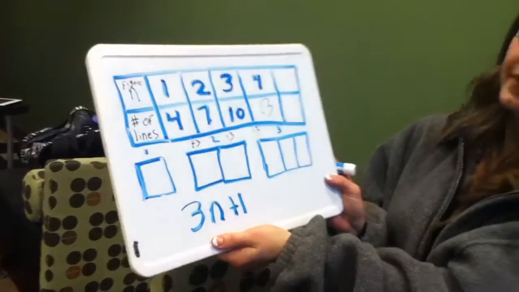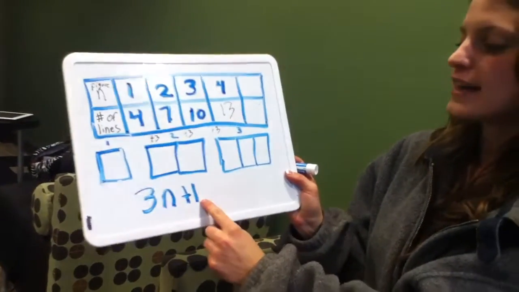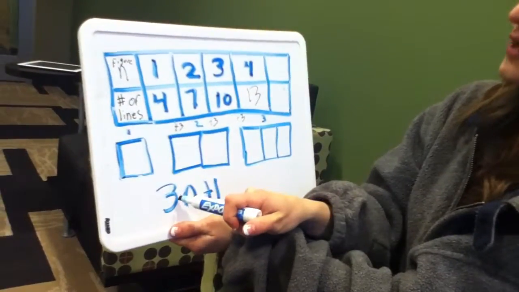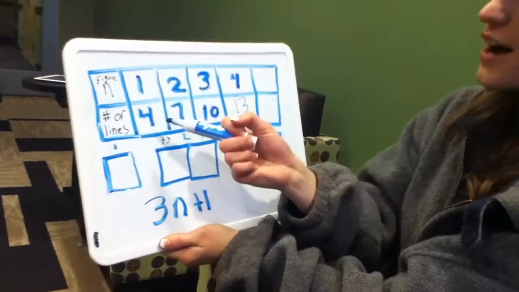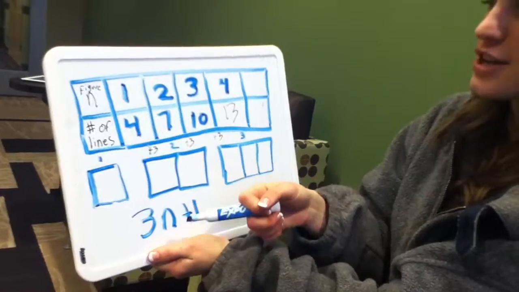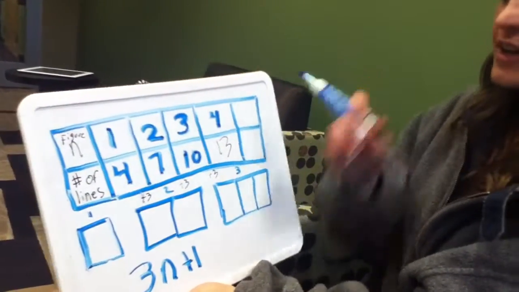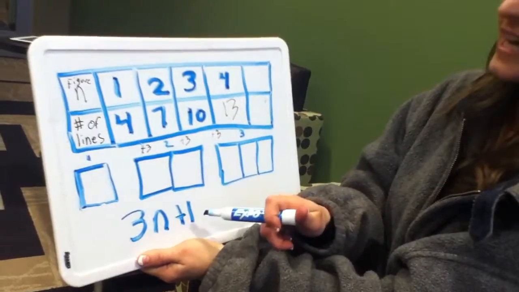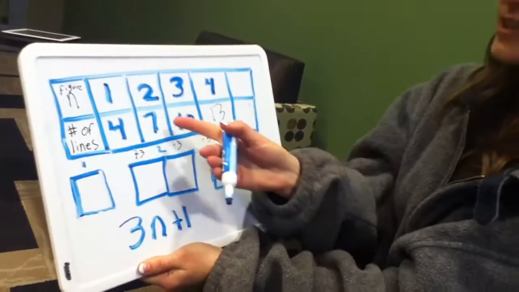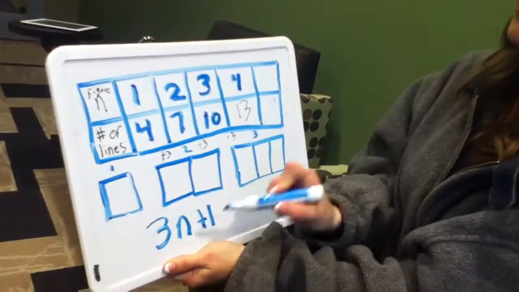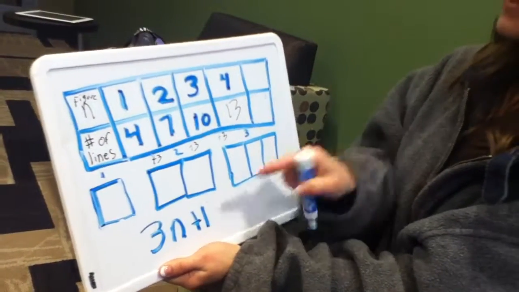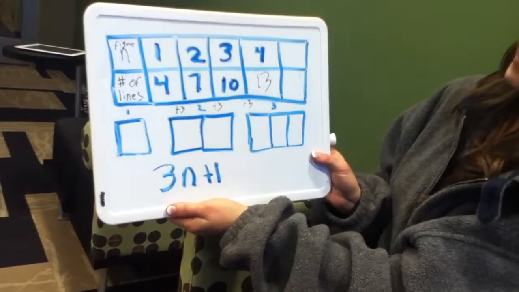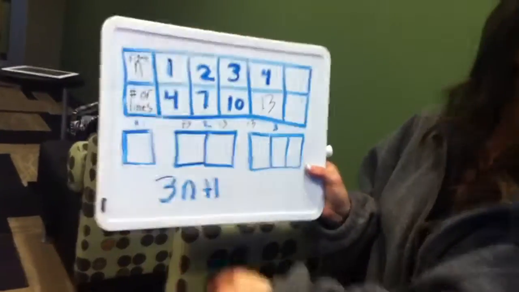And you would also add 1 because say you have figure 1, 3 times 1, well there's not 4 lines, so you have to add 1 more, plus 1. 3 times 2 equals 6, plus 1 equals 7 lines. 3 times 3 equals 9, plus 1 equals 10 lines. And that is the nth term equation.